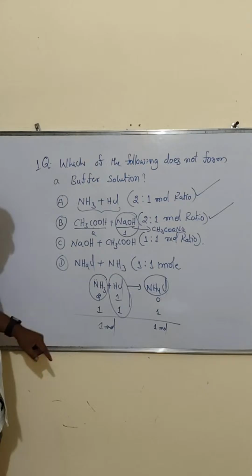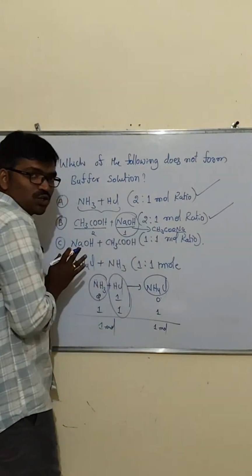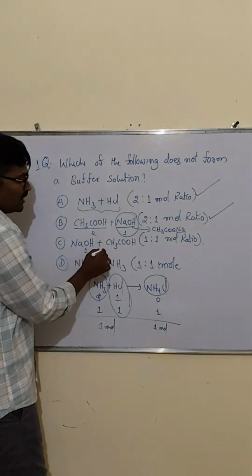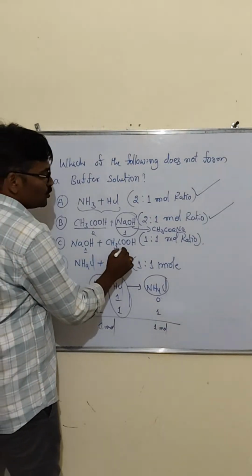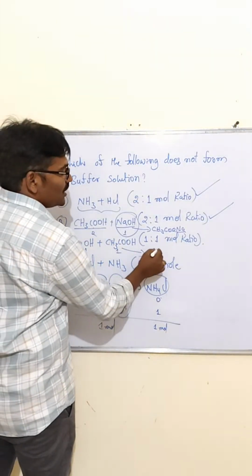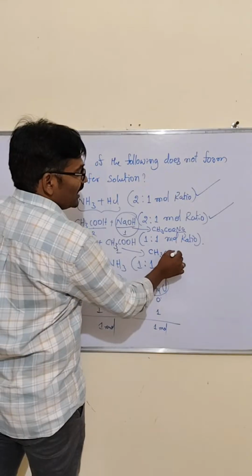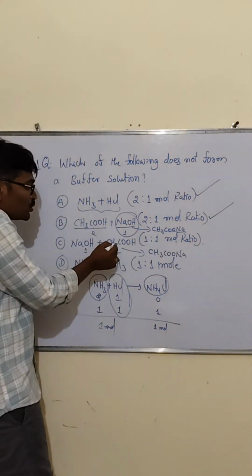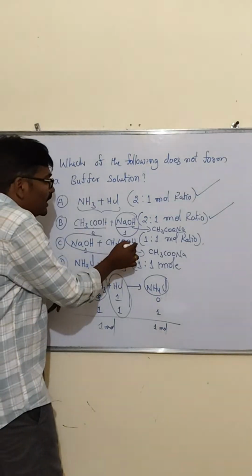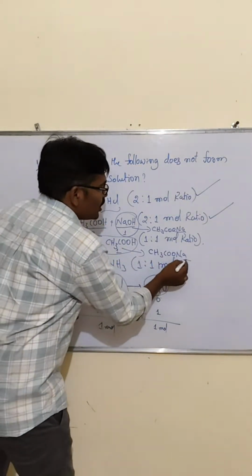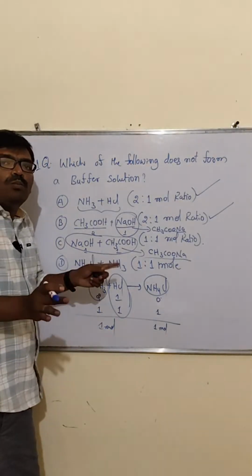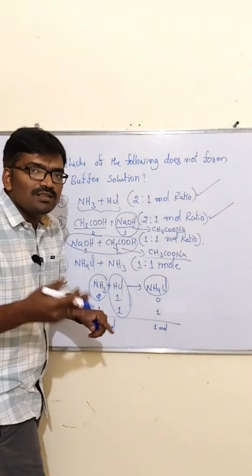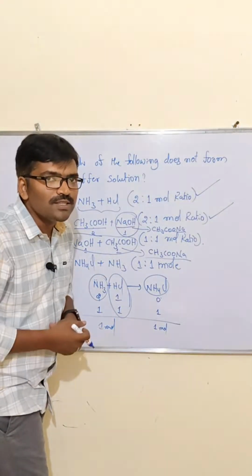Then if we come to the next, these are in 1:1 ratio. So this is 1, this is 1. When both are combined, CH3COONa will be formed. Salt only will be there, as these two are completely consumed. There is no mixture of weak acid and salt of weak acid and strong base.